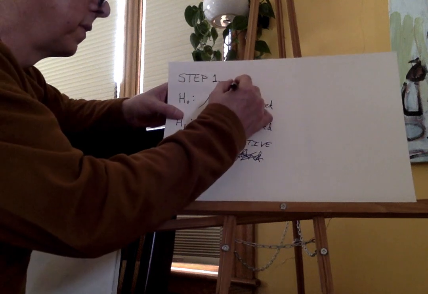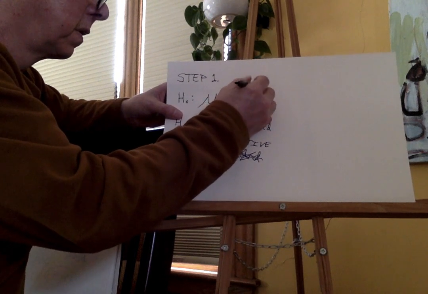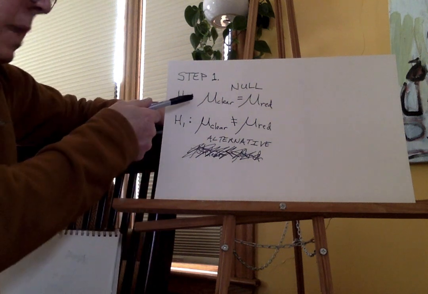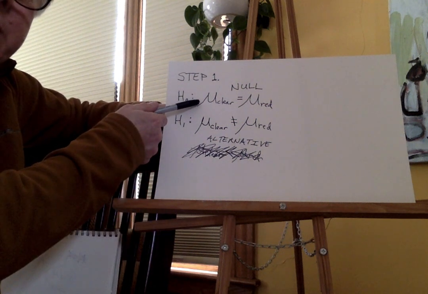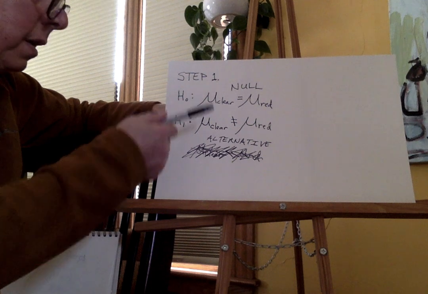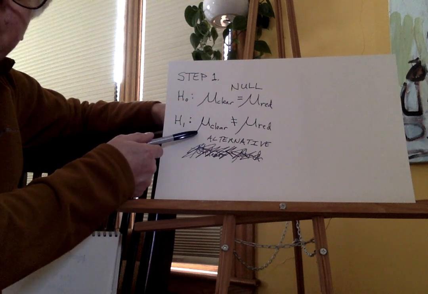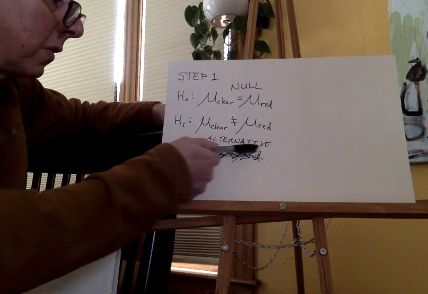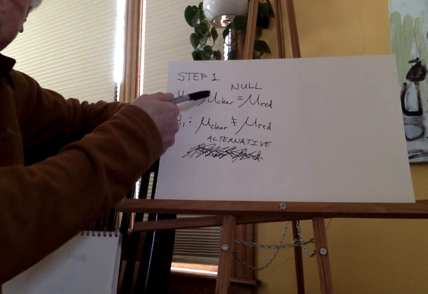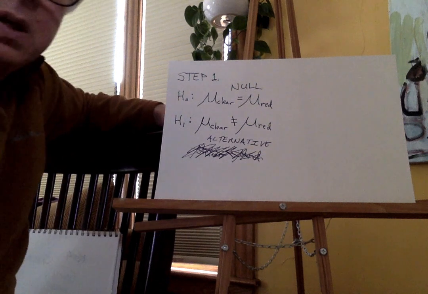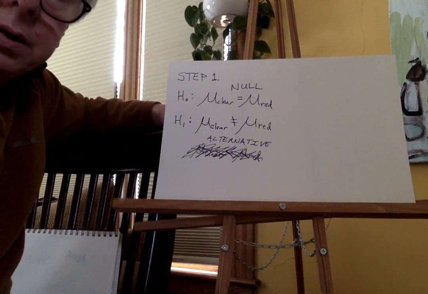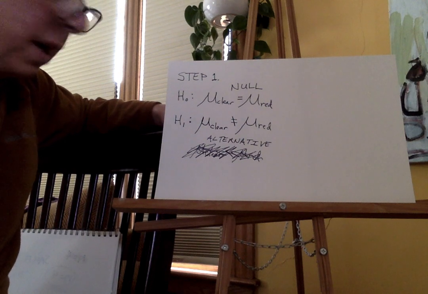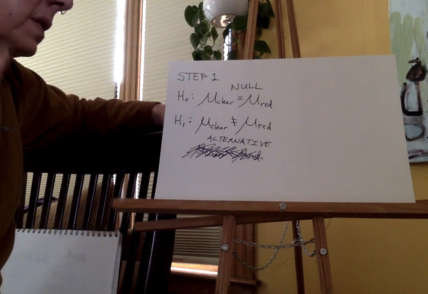It's the alternative to the null hypothesis. The null hypothesis says there's not going to be an effect of the red food coloring. The experimental hypothesis says there is going to be a difference. This is alternative to the null. Okay? So that is step 1 of our research.